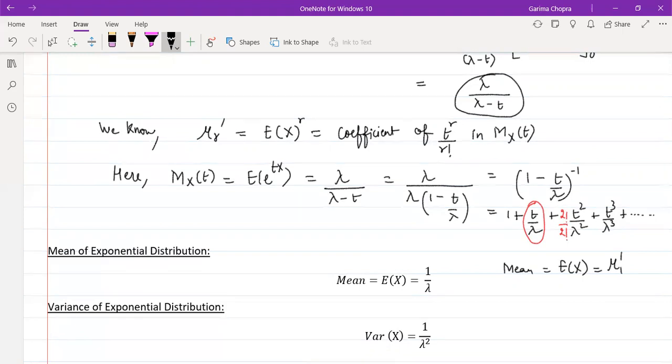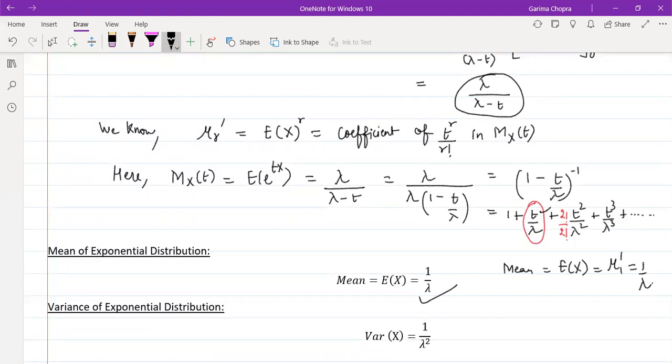We can see here that this mu1 dash is the coefficient of t in the moment generating function, and this coefficient of t is 1 upon lambda. So from this moment generating function, we are finding the mean, and we are able to verify that the mean in the case of exponential distribution is 1 upon lambda.